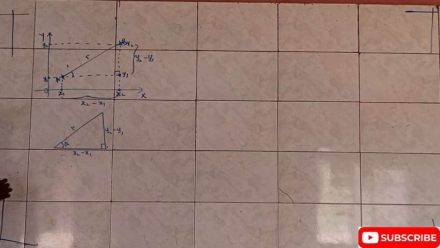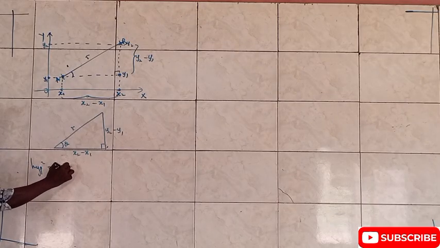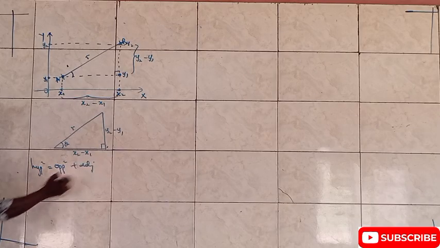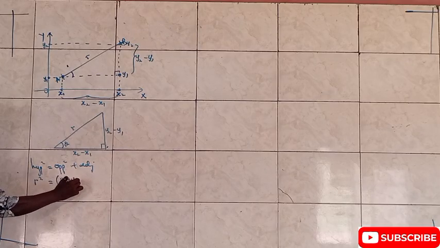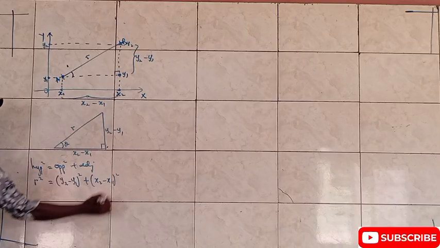Then I'm going to apply our popular Pythagoras theorem, which states that hypotenuse squared is equal to opposite squared plus adjacent squared. My hypotenuse is r, so r squared equals y2 minus y1 squared plus x2 minus x1 squared.